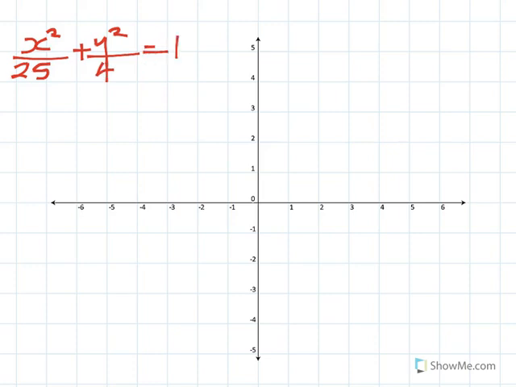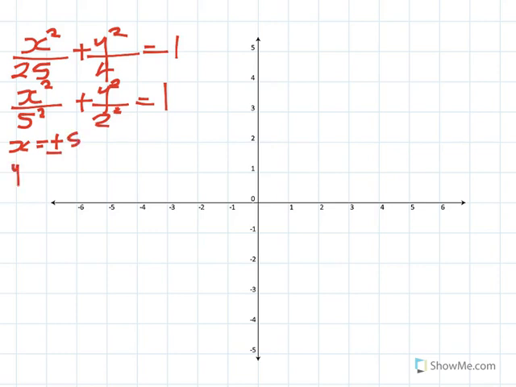Remember, this is the same as x squared over 5 squared plus y squared over 2 squared is equal to 1. Simply by looking at this graph, it means x will be equal to plus or minus 5 and y will be equal to plus or minus 2.